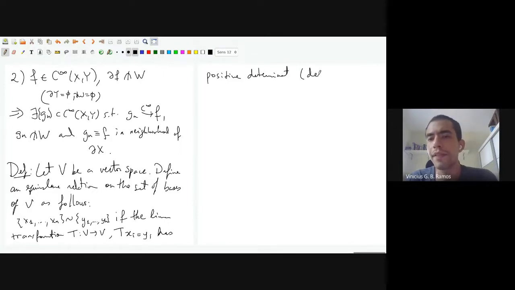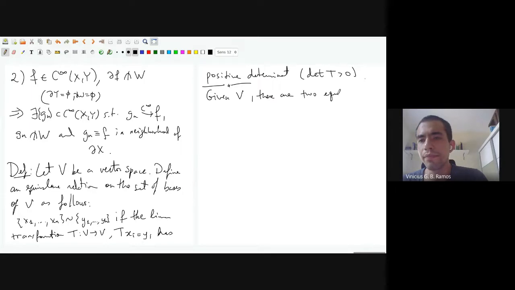So if the determinant of T is bigger than 0. That's what it means for two bases to be equivalent. And it's not hard to see, because if you compose two linear transformations the determinant multiplies, that given a vector space V, there are two equivalence classes. There are always exactly two.